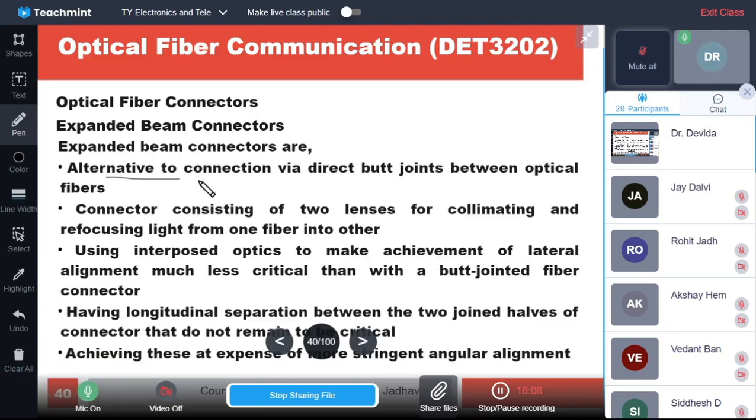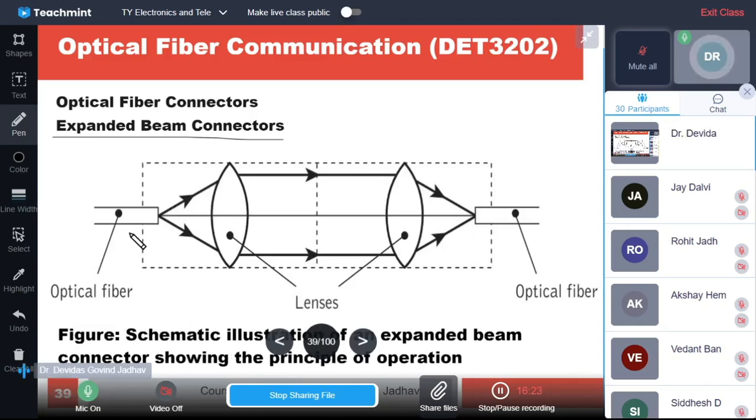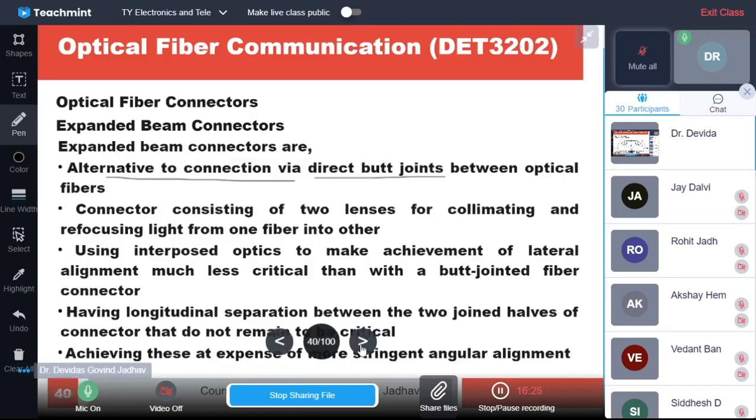So the expanded beam connector is an alternative connection to direct butt joints between the optical fibers. So there is no requirement of direct butt joints, so these fibers are separated far away. The connector consists of two lenses, a collimating and a refocusing lens, and using interposed optics makes achievement of lateral alignment much less critical, and the longitudinal separation between the two joint halves is also less critical.